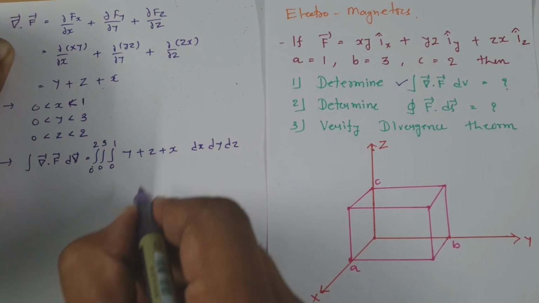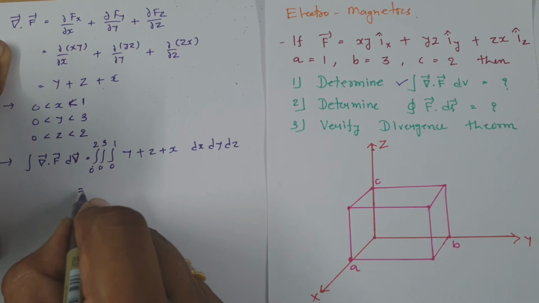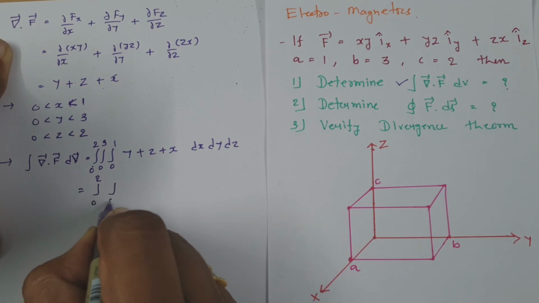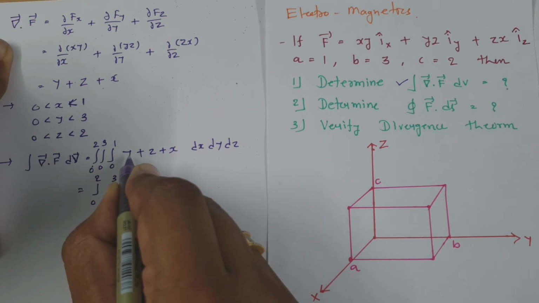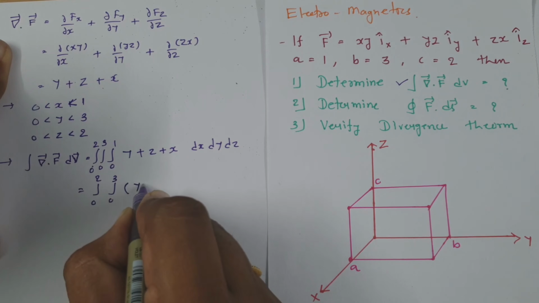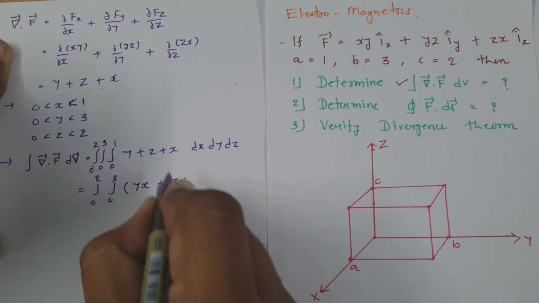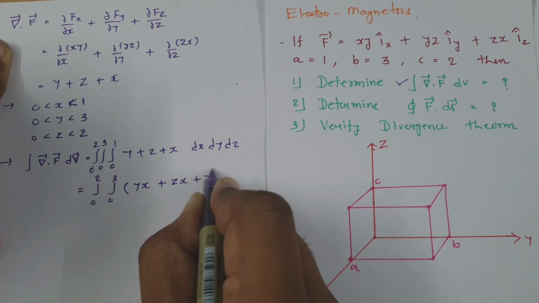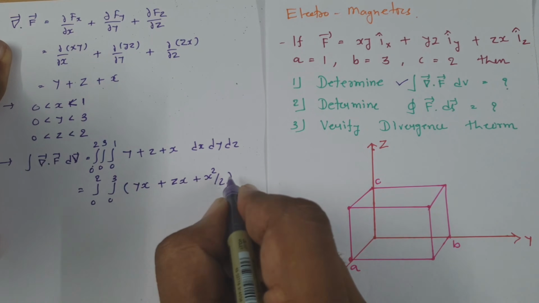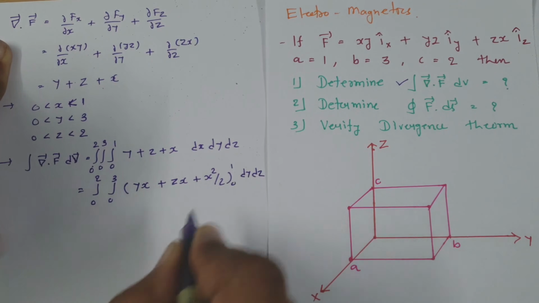Now let us integrate this with respect to x first. With respect to x integration, y is constant, so y into x, plus z is constant, so z into x, and the integration of x is x square by 2, with x varying from 0 to 1, dy dz.